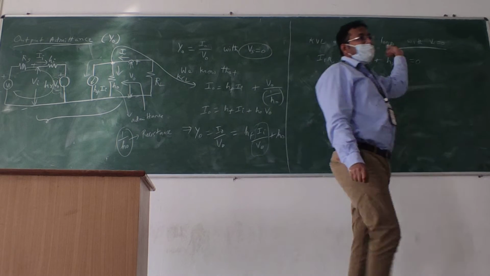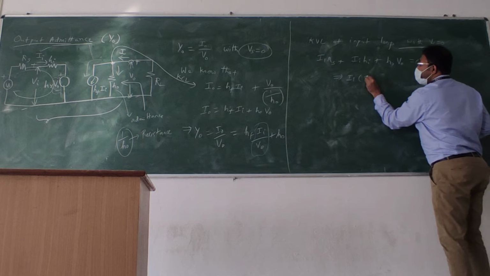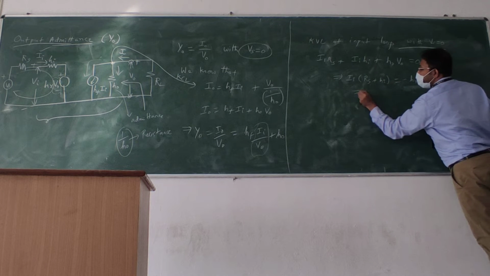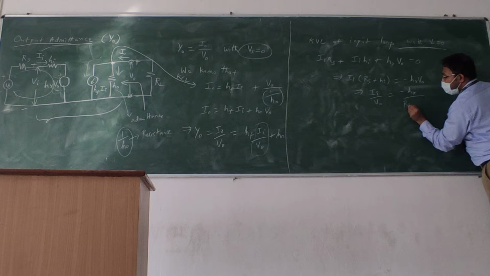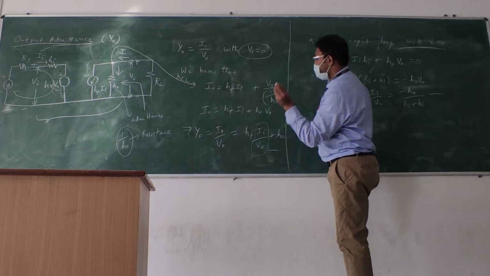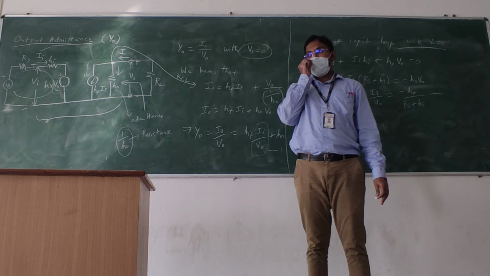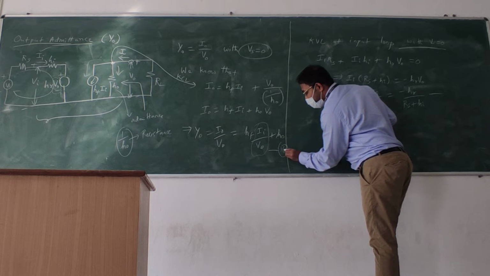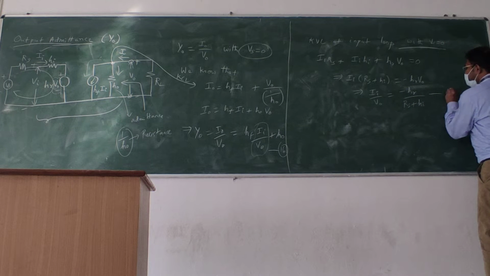That is the reason we have remaining terms without Vs. So, II you can take common: II times RS plus HI, plus HR V naught equals 0. So, II by V naught will be minus HR by RS plus HI. Call this equation number 1. Or what was the last equation we have given? 15? Last equation number 15. So this is 16. Okay, correct? 16. So call this 17.